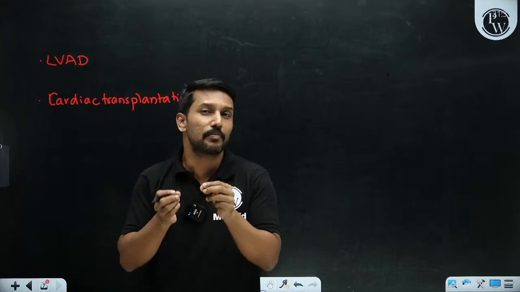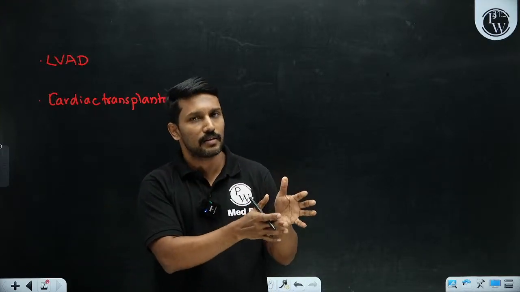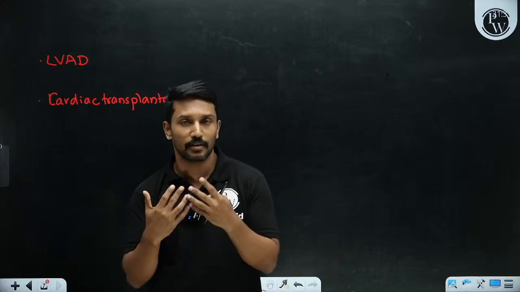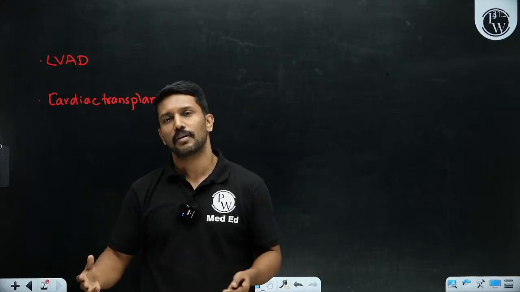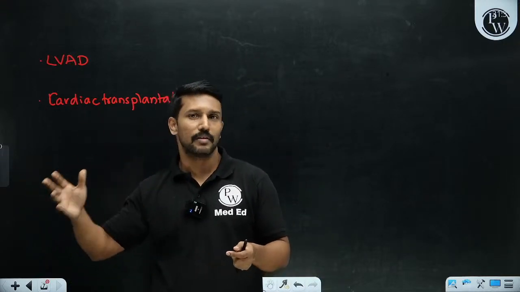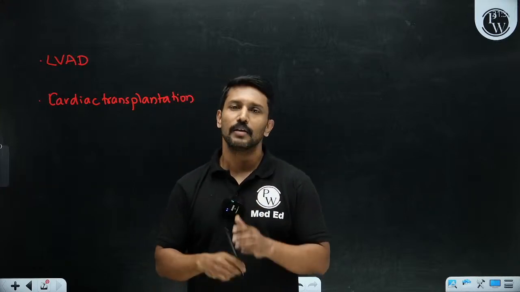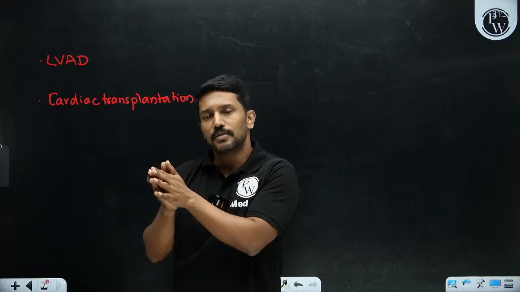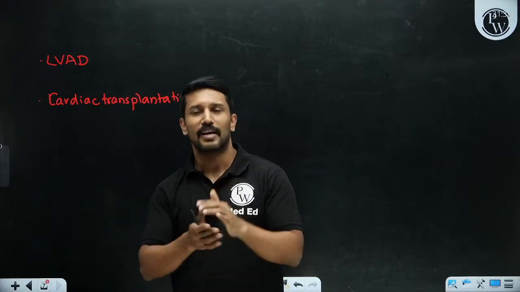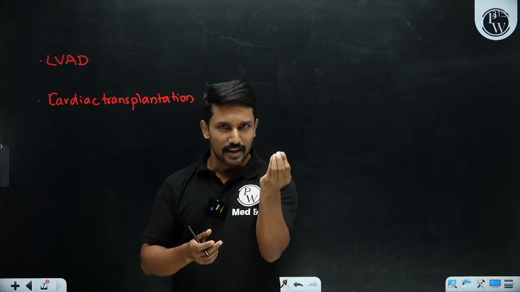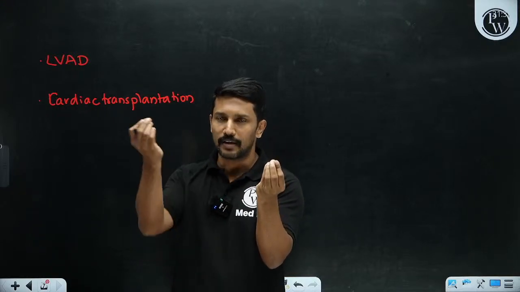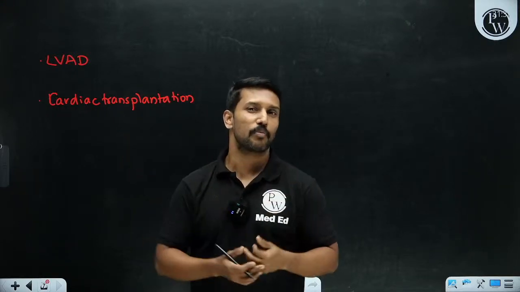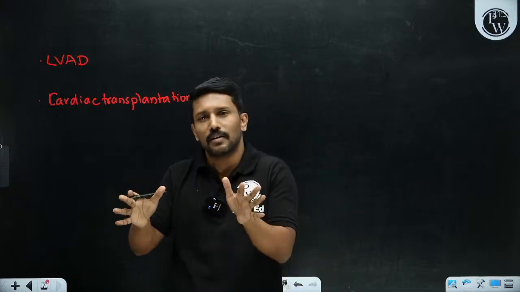Cardiac transplantation practically उतना आसान नहीं है, because obviously a living person cannot donate the heart. Similarly, a dead person may not be an ideal donor for the heart. So we need brain dead individuals whose heart can be transplanted. So whenever there is a need for a cardiac transplantation, finding a suitable brain dead donor may not be practically feasible. So उतना practically होता नहीं है.